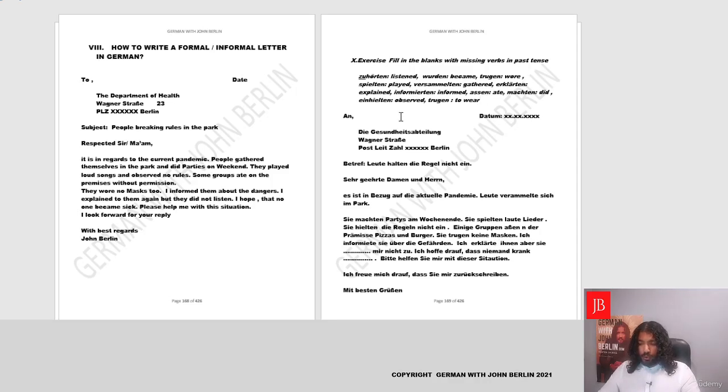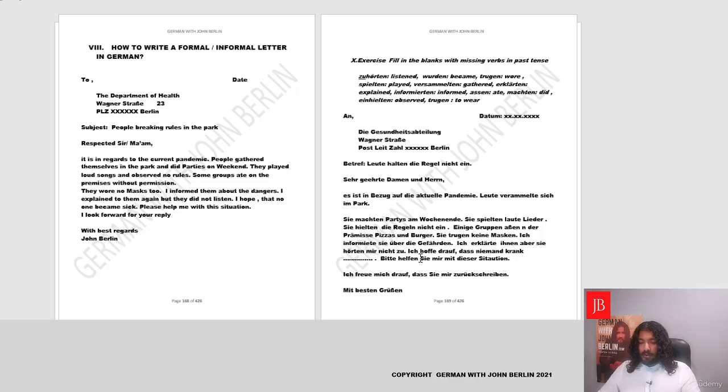It's zuhören, past regular verb, zuhörten. So it's basically trennbares Verb. So we'll just conjugate hörten in third person. Sie, that's they. Sie hörten, very good. Sie hörten mir nicht zu. They did not listen to me.